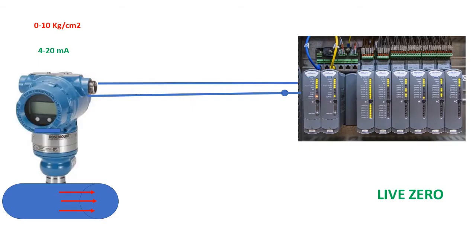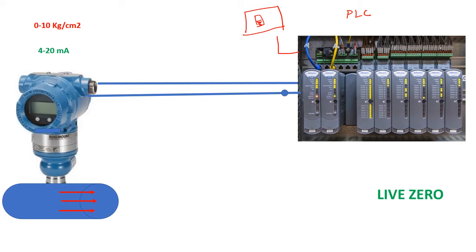Suppose you have a pressure transmitter measuring the pressure of fluid passing through a pipe, and the signal from the transmitter is transmitted to a PLC which is connected at a remote location. The PLC is connected to an HMI, where the operator sits and can view the reading.